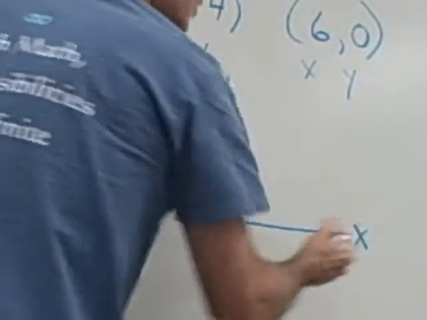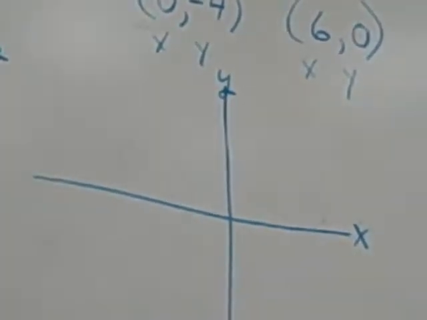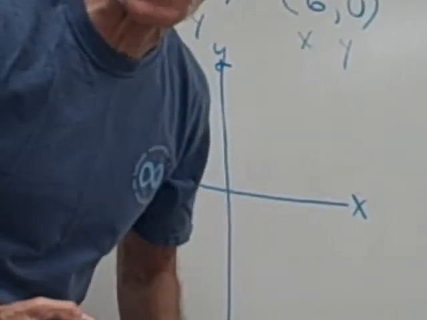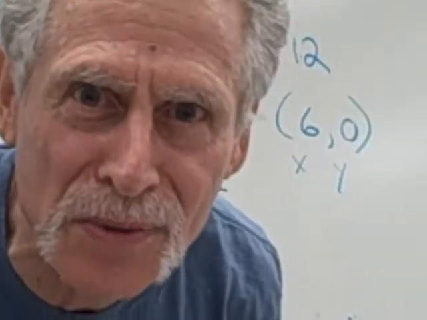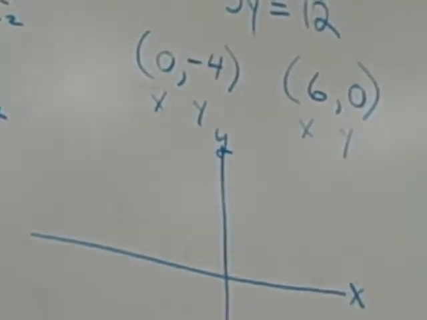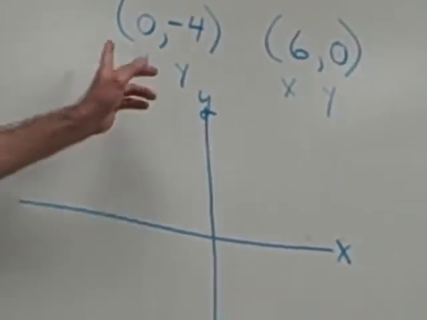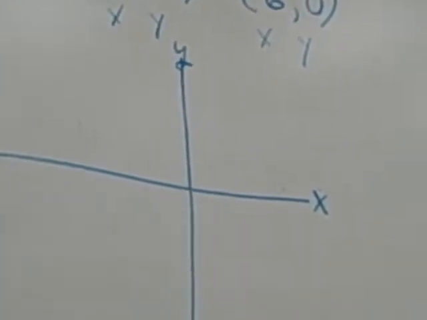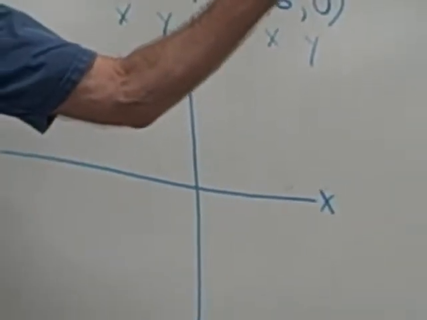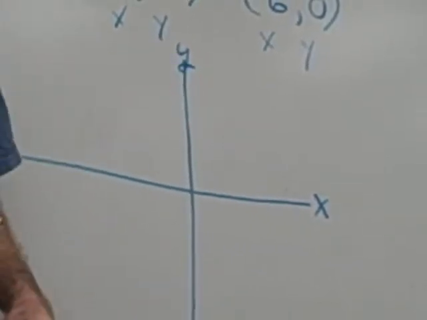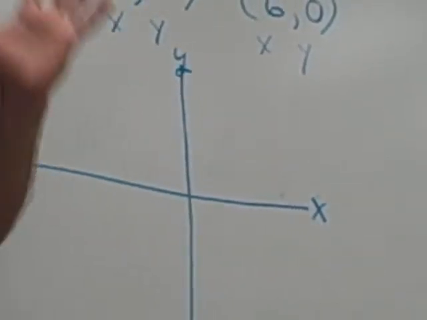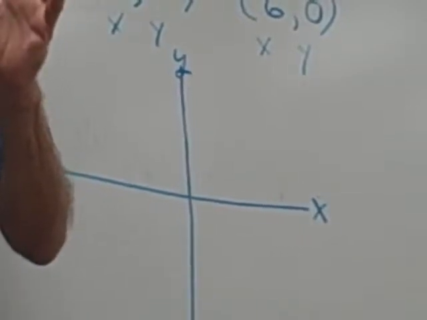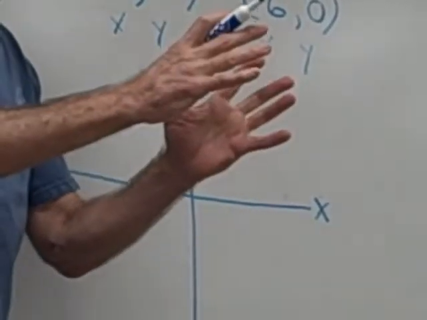Now, you listen carefully. Here's how to graph so you never get your points wrong again. X and Y are in alphabetical order. Remember? W, X, Y, Z. The words horizontal, vertical are in alphabetical order.